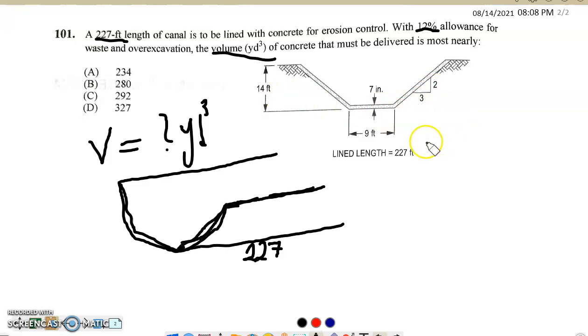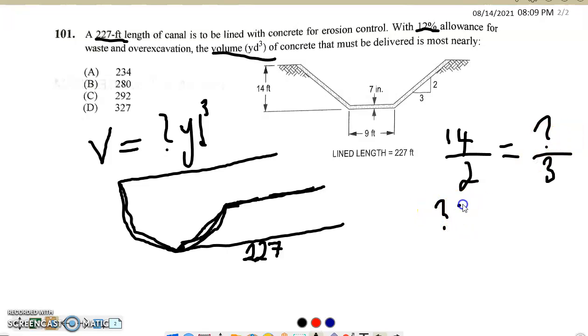So now it will be 14 over 2 equals h, the question mark, over 3. If you do that out, let me use my calculator quick. I got 21. I hope everyone got 21.